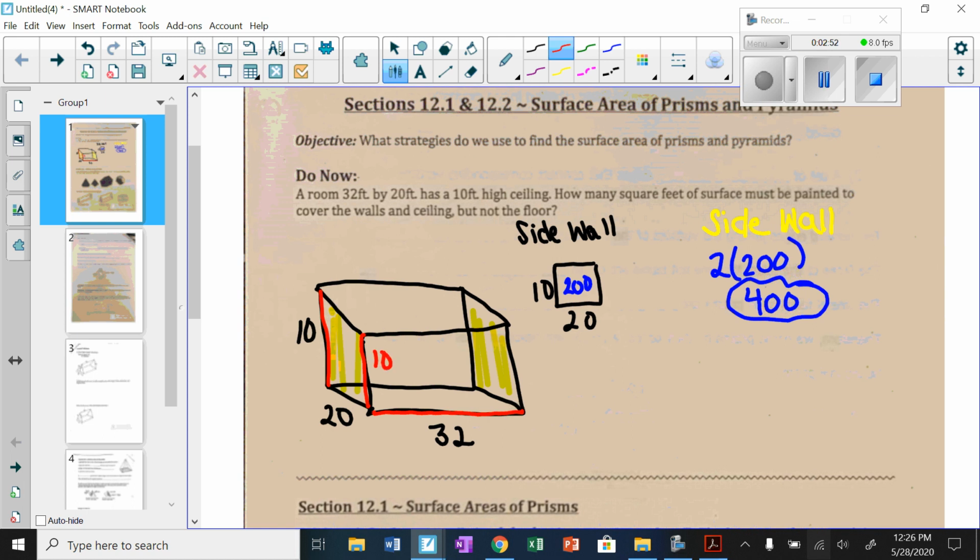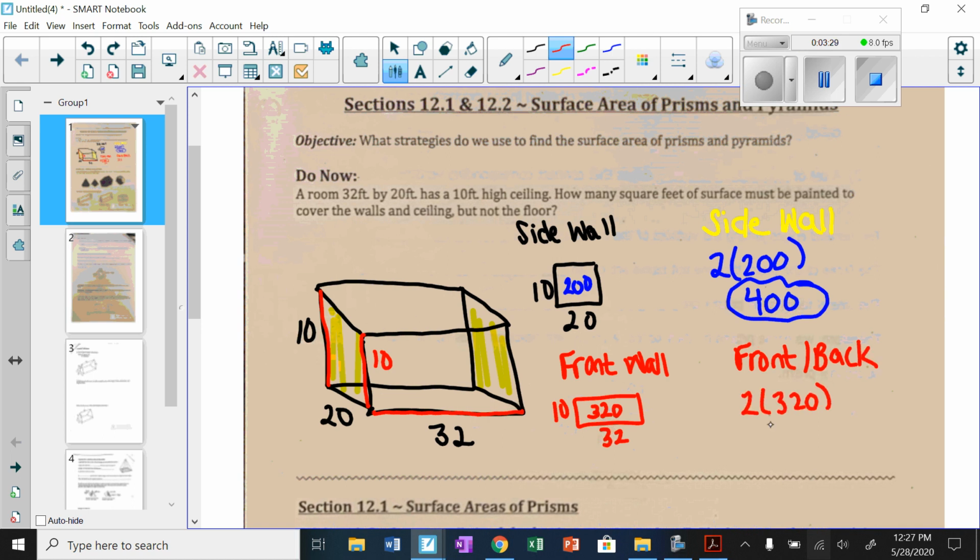So we'll say front wall: we're going to have 32 base, a 10 height, which is 320. But aren't the front and back wall congruent? So we'll say front and back: 2 times 320, which is going to be 640.